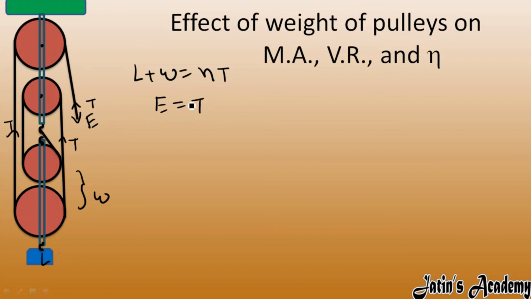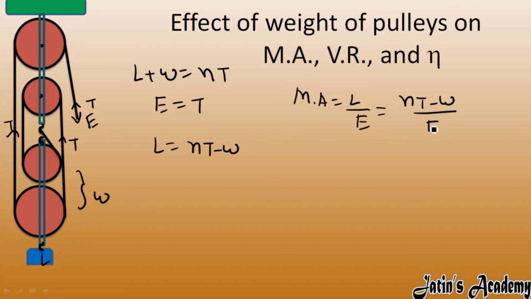Now carefully see, mechanical advantage is equal to load upon effort. Load value we have, that is nT minus W, and here nT minus W over effort. Now here T is equal to effort, so replace this tension with the effort.